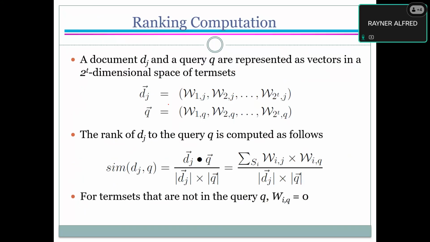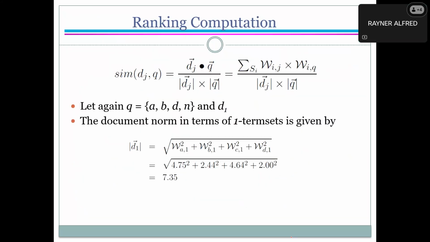For term sets that are not in the query, we set the weightage to be 0. This is just calculating the length of the document, which we went through in the previous lecture, right? But for this one, we will only consider this.